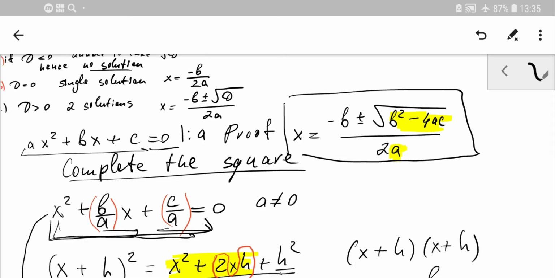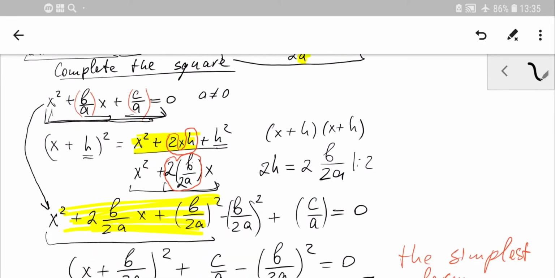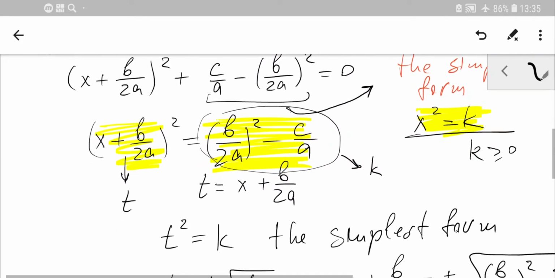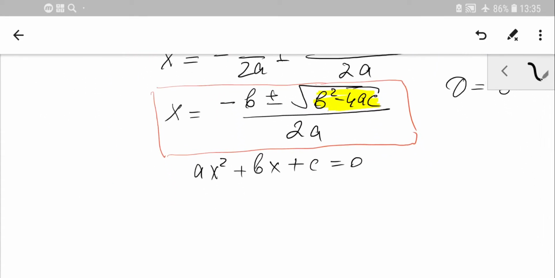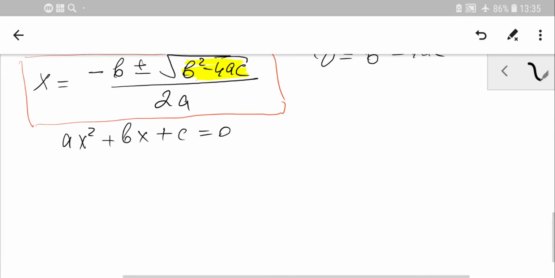Okay, so let's move on and try to explore some examples. Now that we have the formula, I want to apply it in order to solve something. Okay, so let's take a simple example: x squared plus 3x plus 2 equals 0.